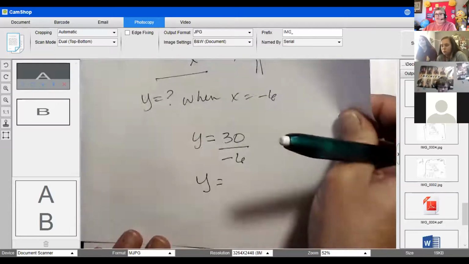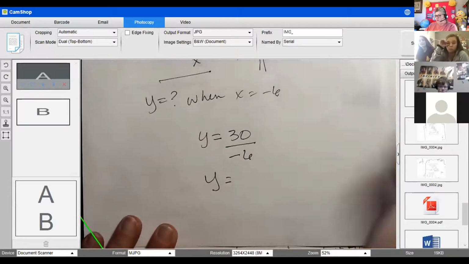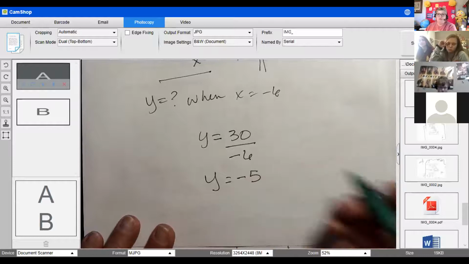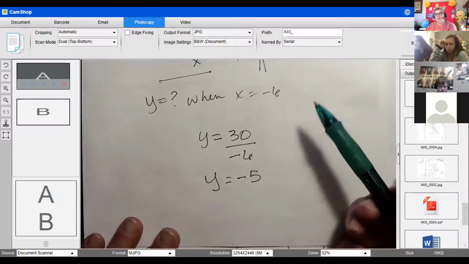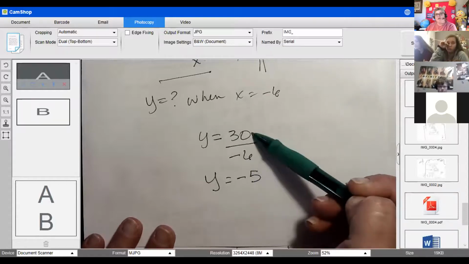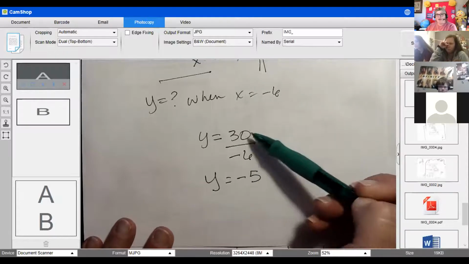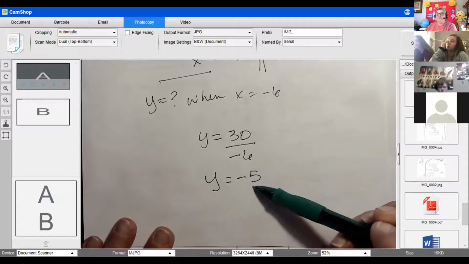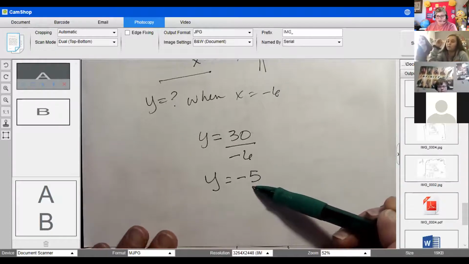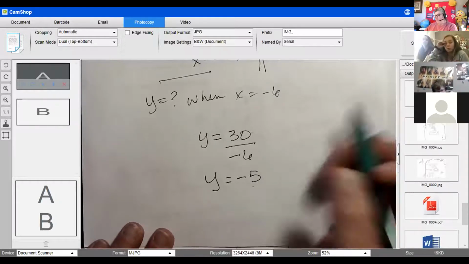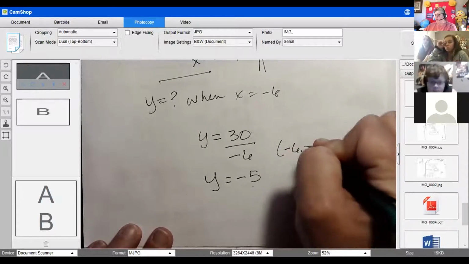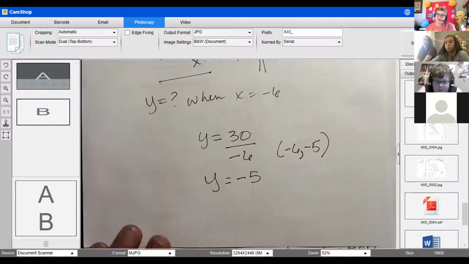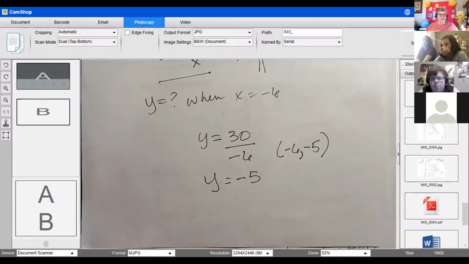Yeah, negative 5. And why did you say negative 5? Because there's a negative. Because this is a positive 30. When you divide a positive by a negative, the answer has to be a negative. And so that simply says that when x is negative 6, y equals negative 5.